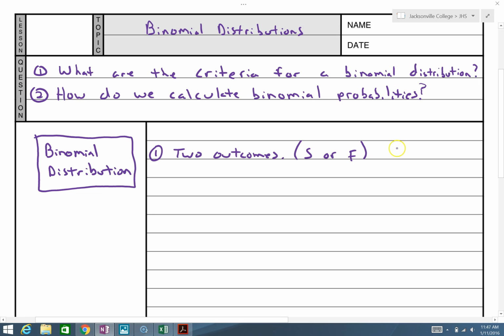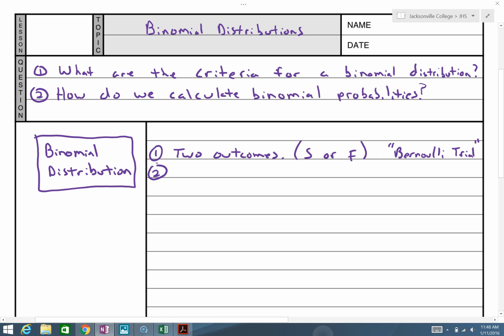This is often called a Bernoulli trial. After a family of mathematicians named Bernoulli, and it's named for one of those, Daniel Bernoulli, as a matter of fact.